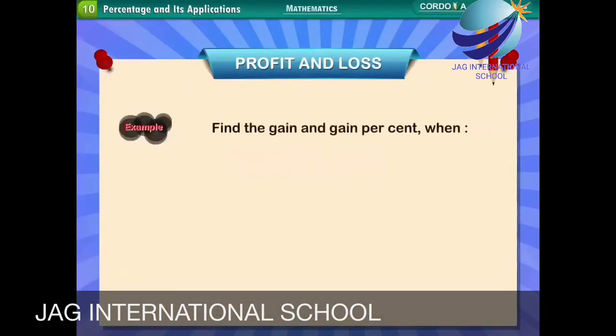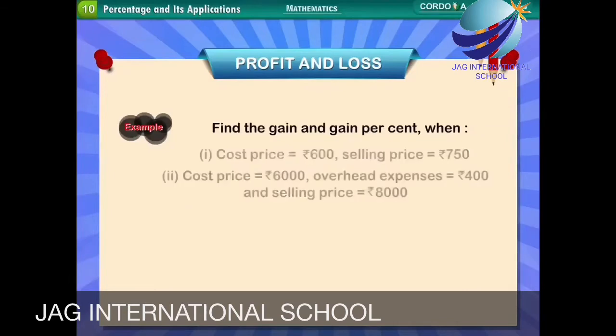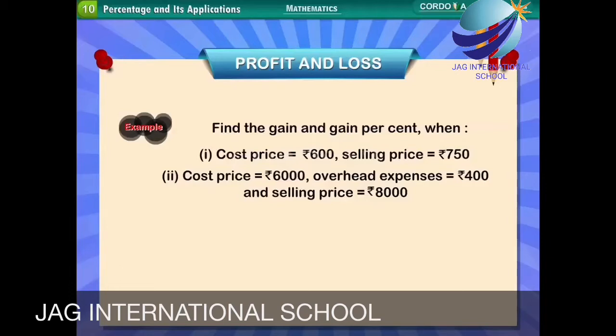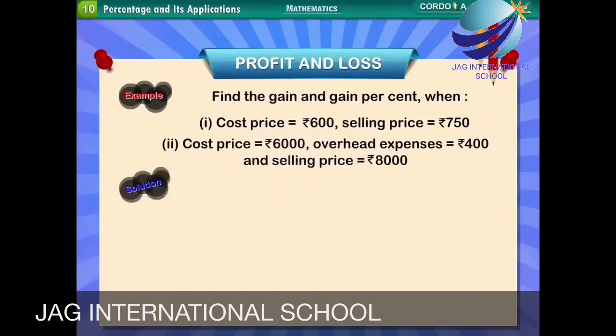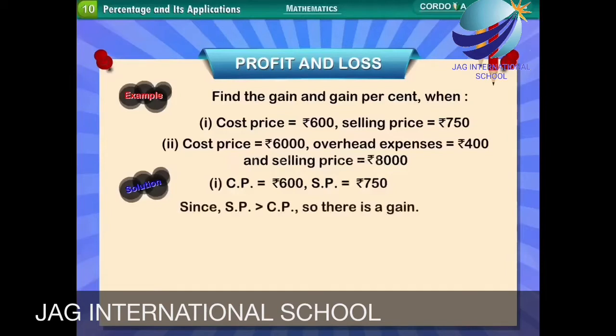Example, find the gain and gain percent when cost price is equal to rupees 600, selling price is equal to rupees 750; cost price is equal to rupees 6,000, overhead expenses is equal to rupees 400, and selling price is equal to rupees 8,000. Solution: CP is equal to rupees 600. SP is equal to rupees 750.